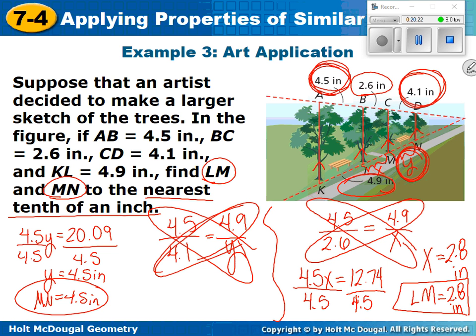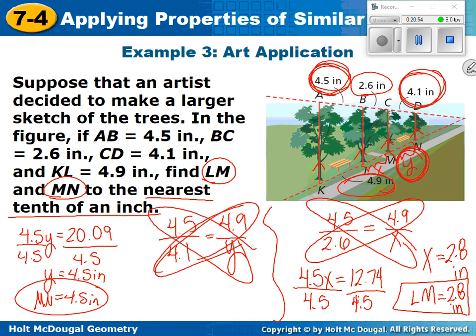Okay, so just to make sure we're getting these different theorems straight, the first one said you have a triangle, you have a line parallel, you can do A over B equals C over D. So this is the first one we just talked about a minute ago. And now this one says if you have multiple parallel lines, which I'm going to draw the way that they did here, 3 or more, cut by 2 transversals.